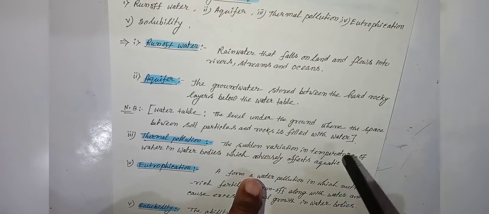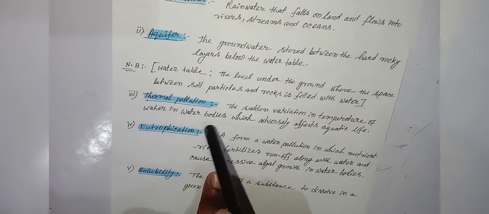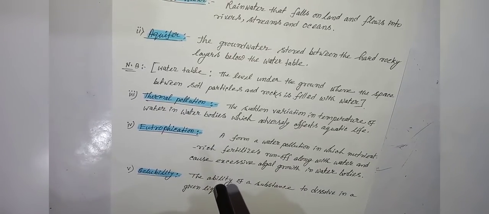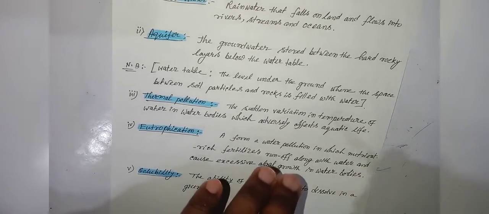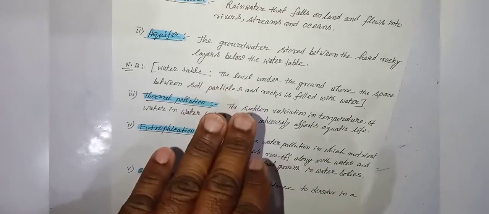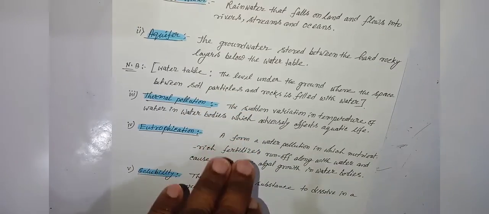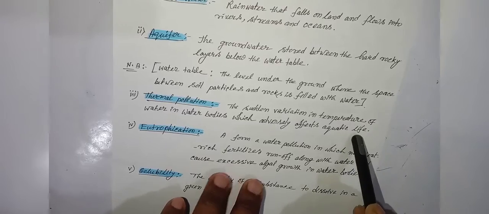Thermal pollution. The sudden variation in temperature of water in water bodies which adversely affects, that is, has a harmful effect on, aquatic life.